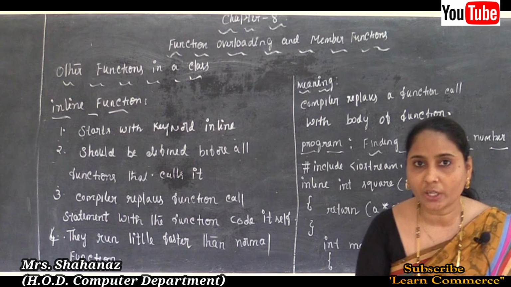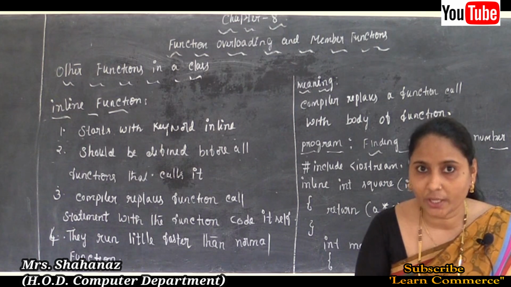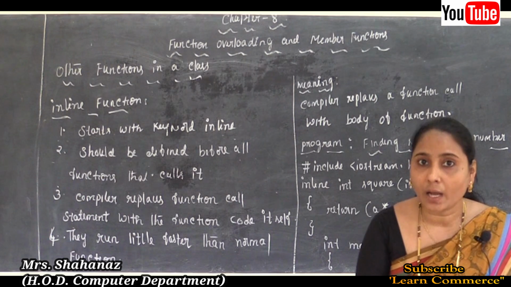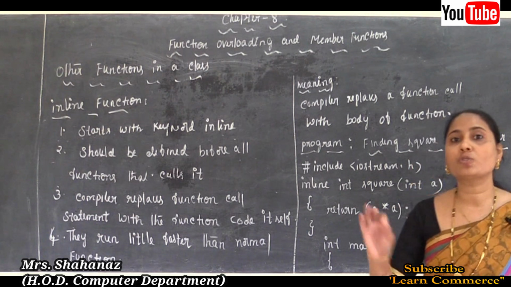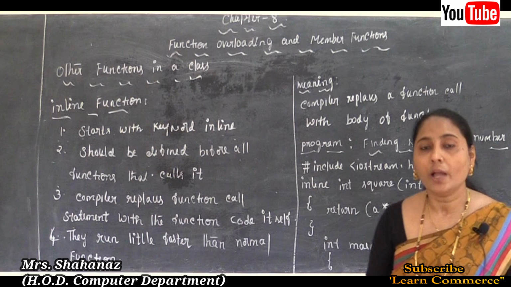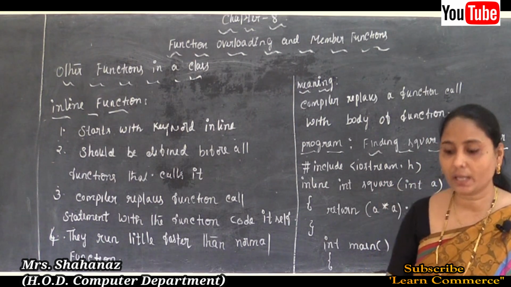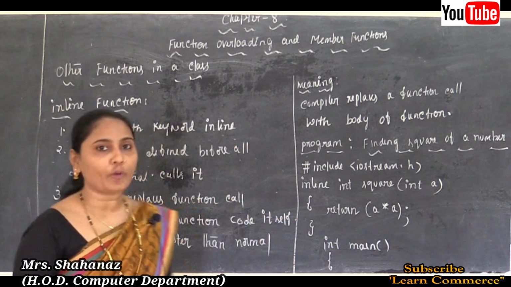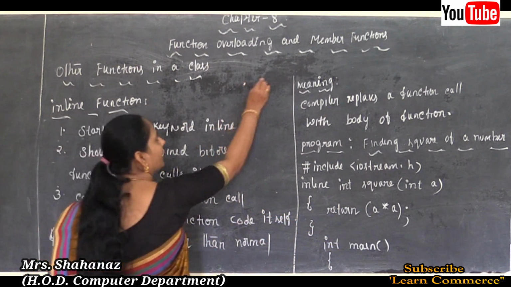So in the outside class definition, the member function declared within the class should be defined outside the class. Why? Because in our outside class definition we use one operator to define the member function outside the class.